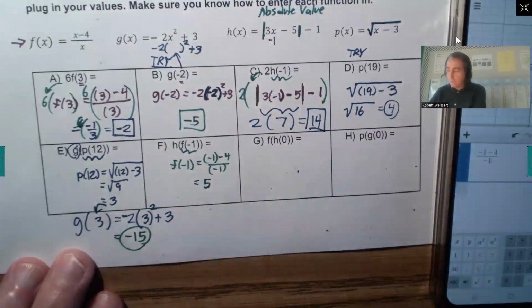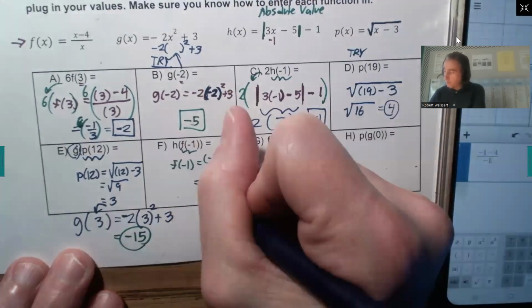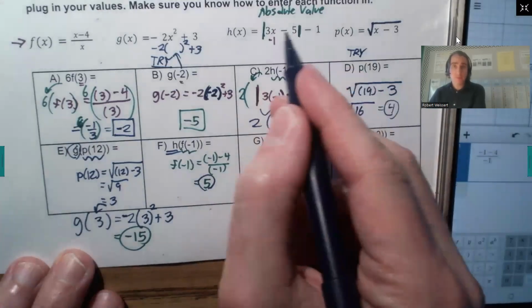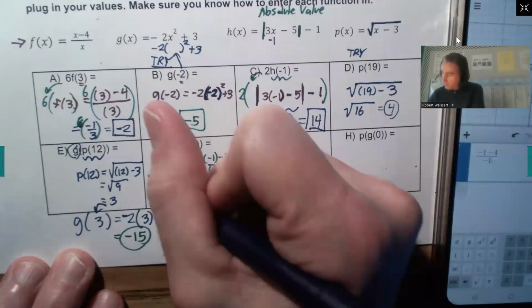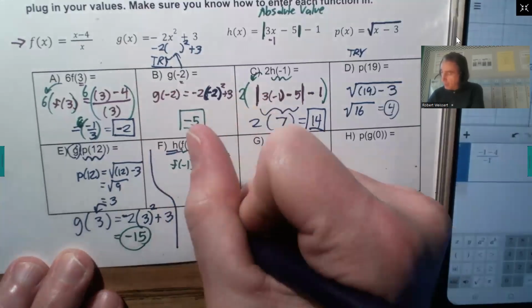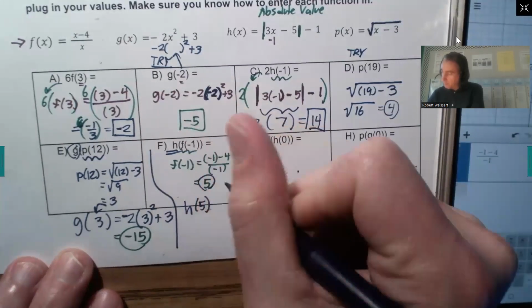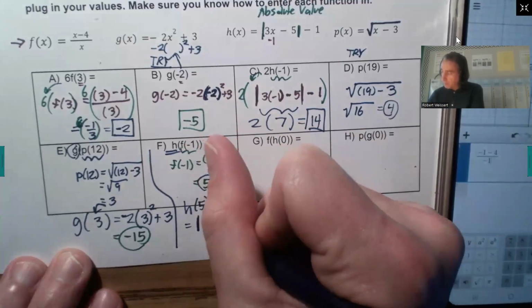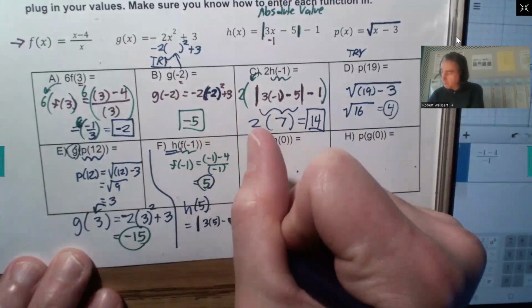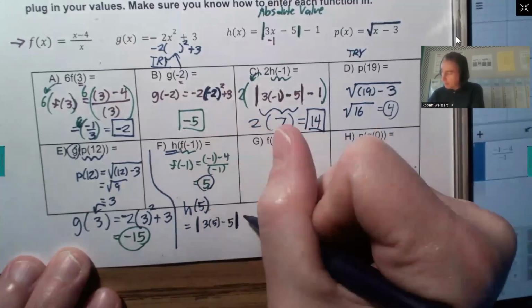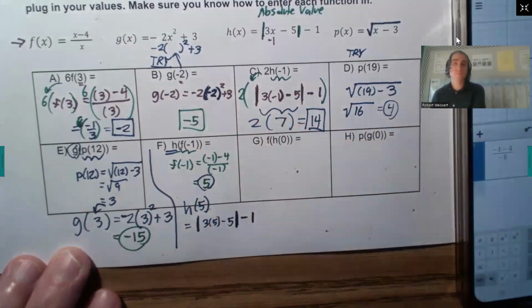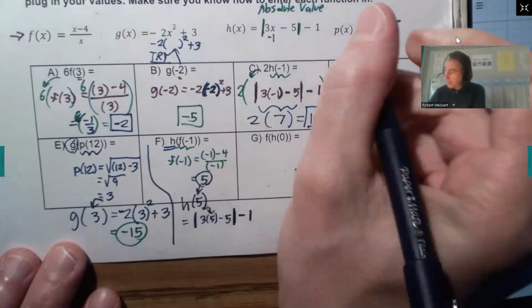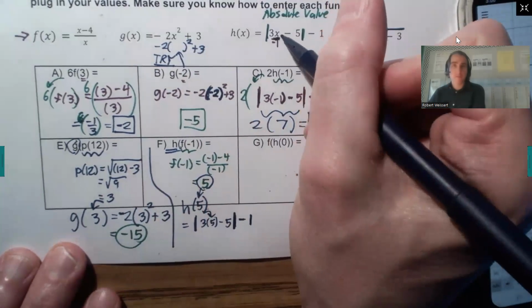So our output for negative 1 into the f function is 5. Next, we're going to take that 5, and that's going to be our new input for the h function. So the h function is over here, absolute value. So h of 5. And that's going to give us absolute value of 3 times 5 minus 5. And then outside the absolute value is minus 1. So that 5 gets plugged into here, which becomes this x value right there, 5.